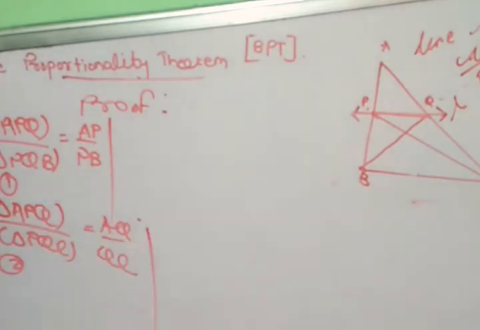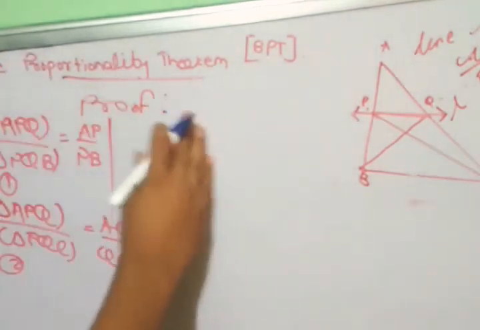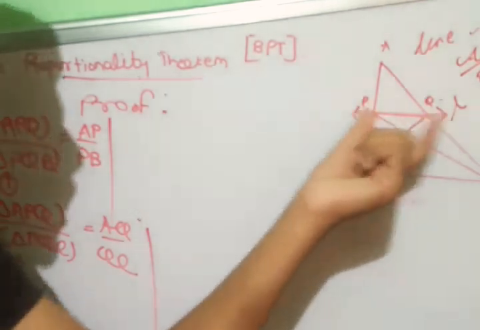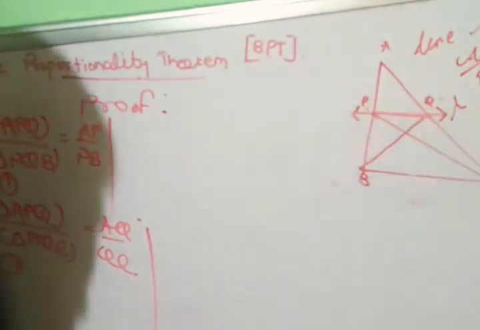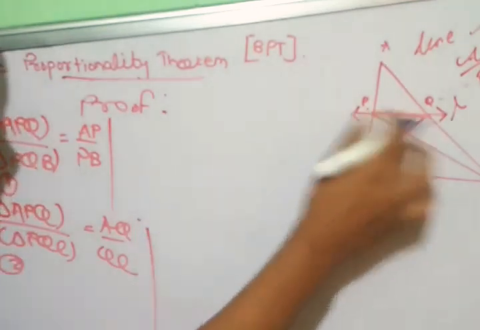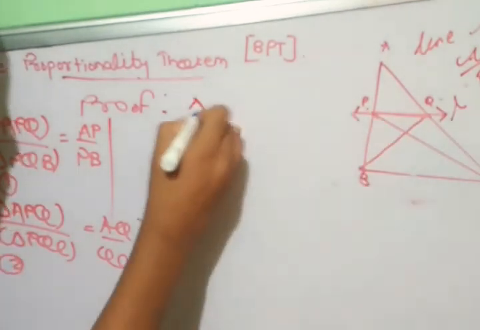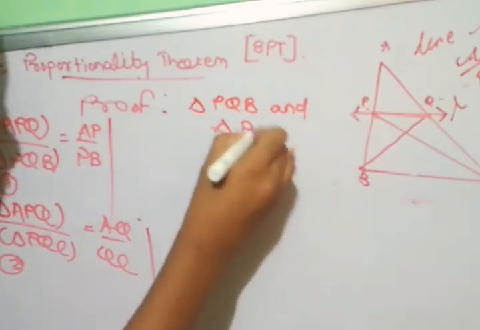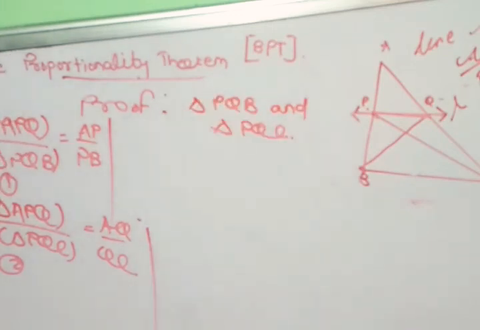In the 4th step, we find the ratio of the areas of triangle PQB and PQC, not the APQ. So in triangle PQB and triangle PQC, the heights are the same.